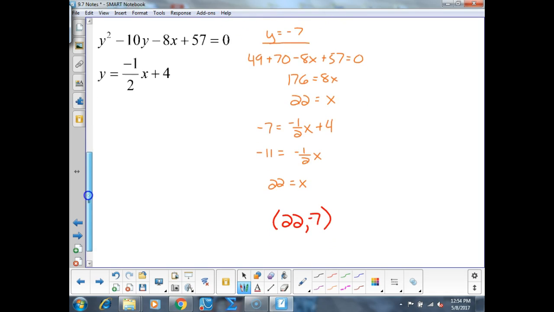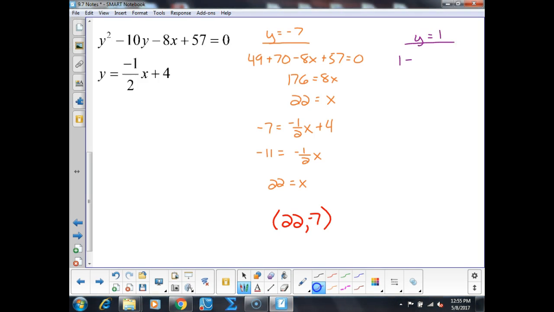Okay. The other one is y equals 1. 1 minus 10 minus 8x plus 57 equals 0. So that is 48 equals 8x, so that gives me 6 is equal to x.